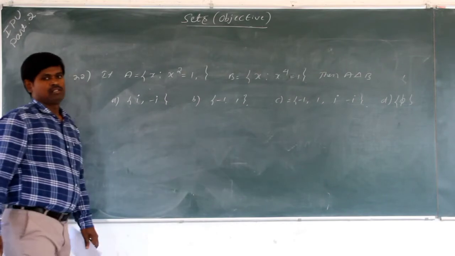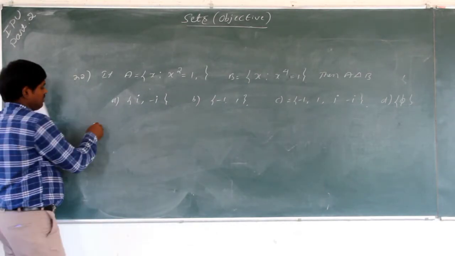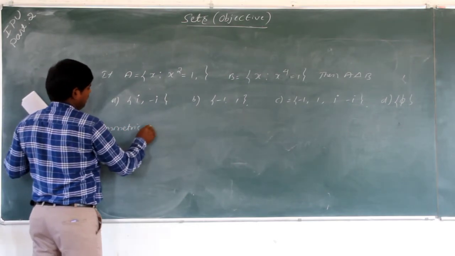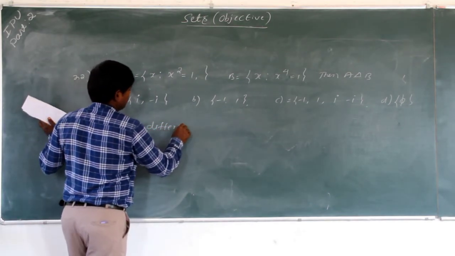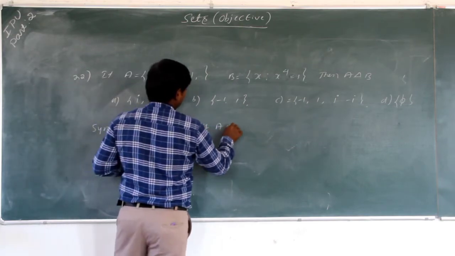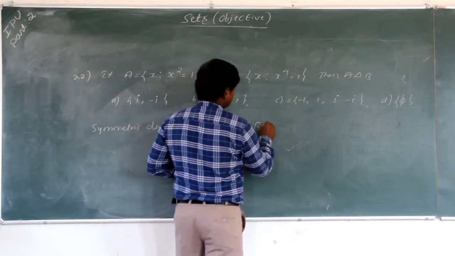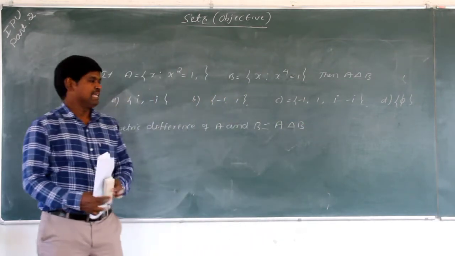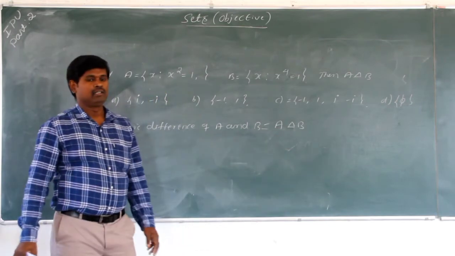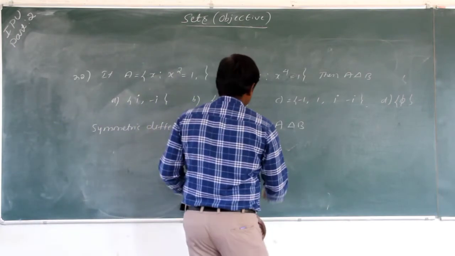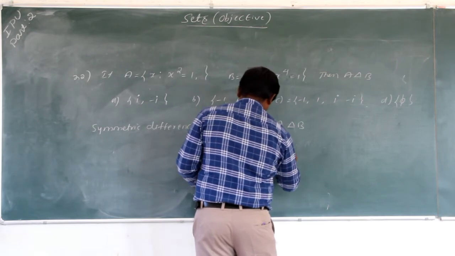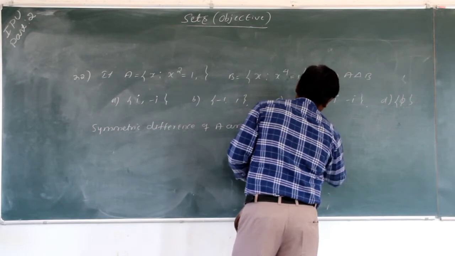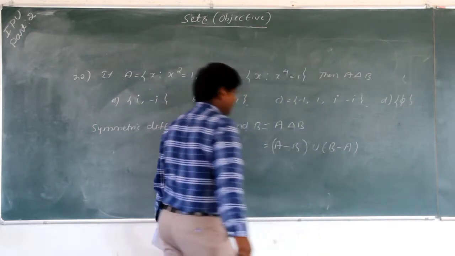So symmetric difference. See here, this is the word symmetric difference. Symmetric difference of A and B. This is read as the symmetric difference of A and B. So this is nothing but A minus B union B minus A. So this is the symmetric difference.